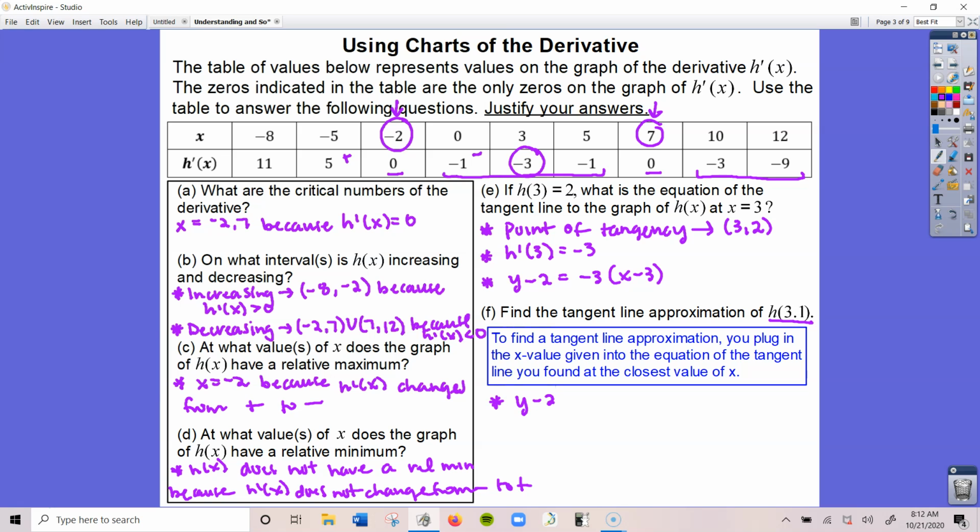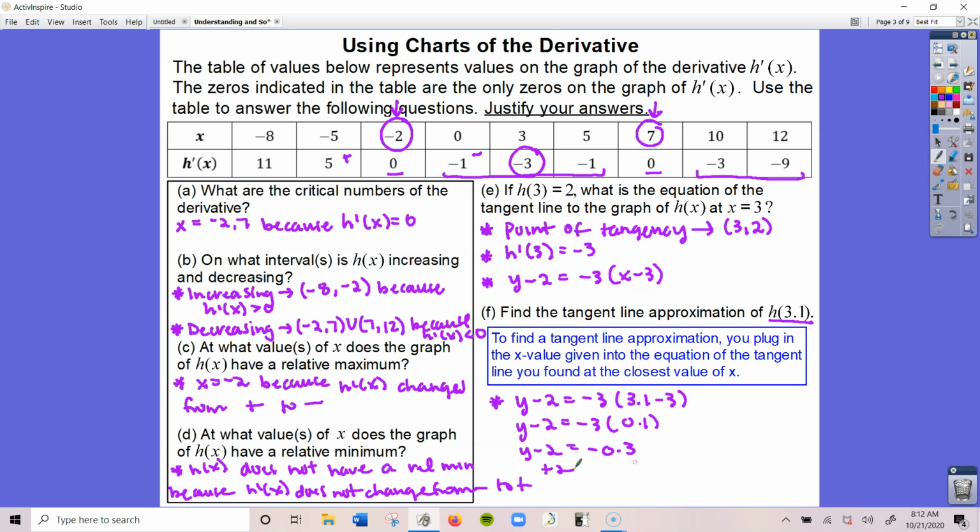So y minus 2 is equal to negative 3 times (3.1 minus 3). And this we can do without a calculator. So y minus 2 is equal to negative 3 times 0.1, since 3.1 minus 3 is 0.1. Then negative 3 times 0.1 is negative 0.3.